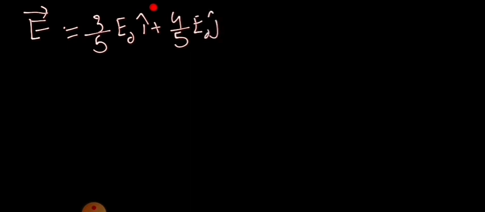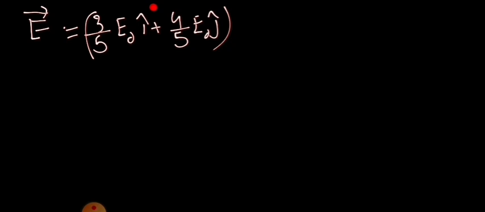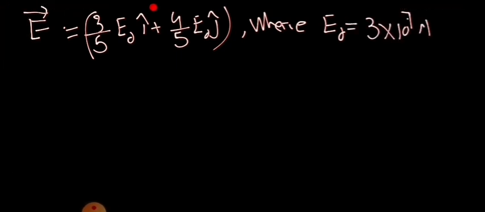Let us solve another problem. The electric field intensity in a region is given by E is equal to 3 by 5 E naught i cap plus 4 by 5 E naught j cap, where E naught is a constant quantity, with value 3 into 10 to the power 7 Newton meter square per coulomb.